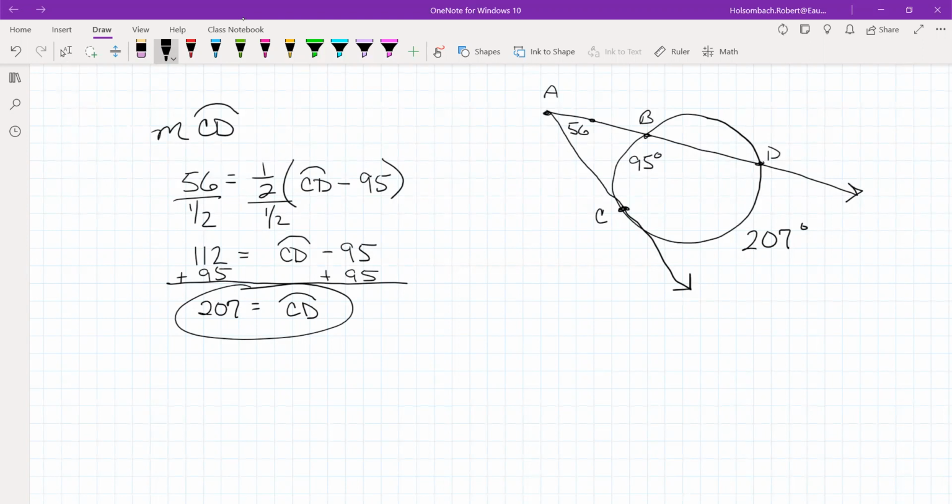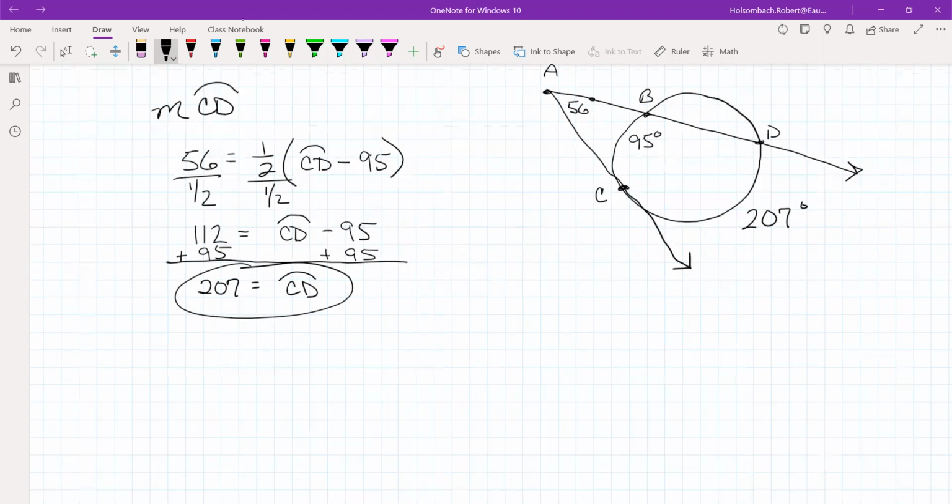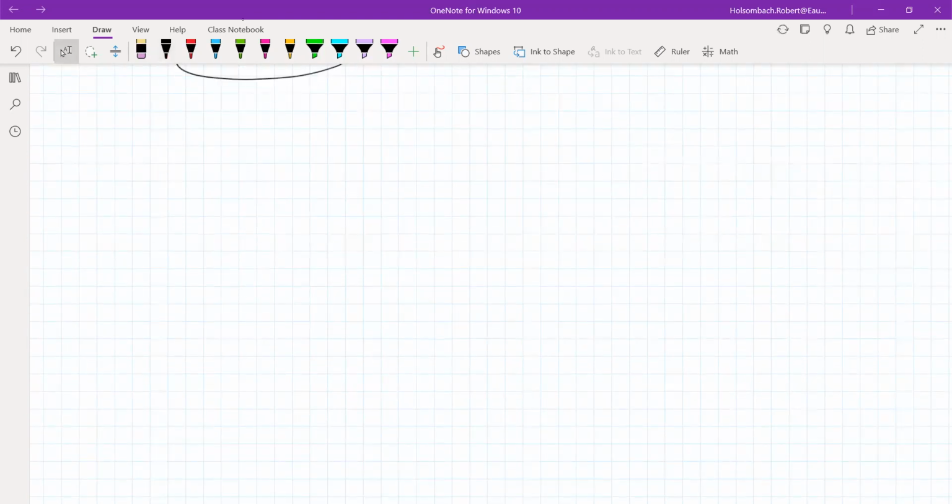Let's do one more of these where we need to find the little arc now. And that's on the very bottom of page 744. Find the value of x. And our point outside the circle now is V. We've got two secants.